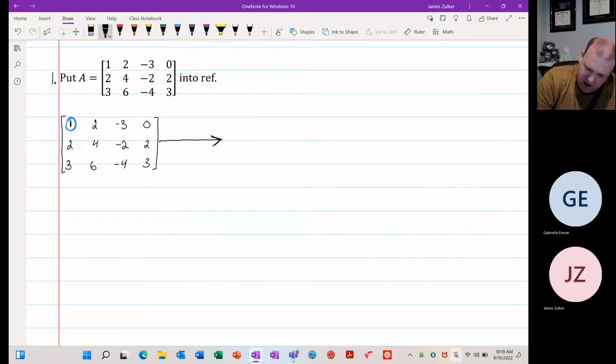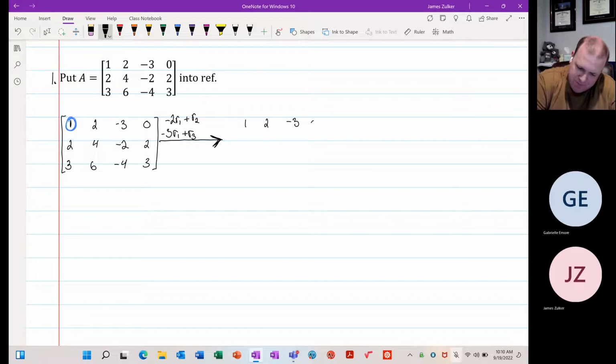What we want to do now is zero out every entry below it. If we do -3 row 1 plus row 3, and then -2 row 1 plus row 2, that will zero out those entries.